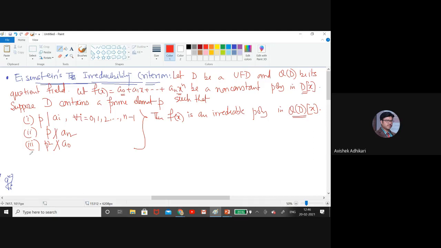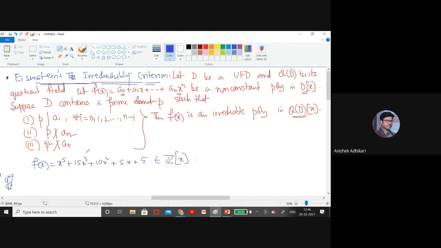So let us try to have a problem solving kind of thing. So let f(x) equal to, say, x to the power 5 plus 15x cube plus 10x square plus 5x plus 5, which belongs to Z[x]. Now you can understand that this is a polynomial in Z[x] and its degree is more than 3, and you really cannot very easily factor this just by inspection.